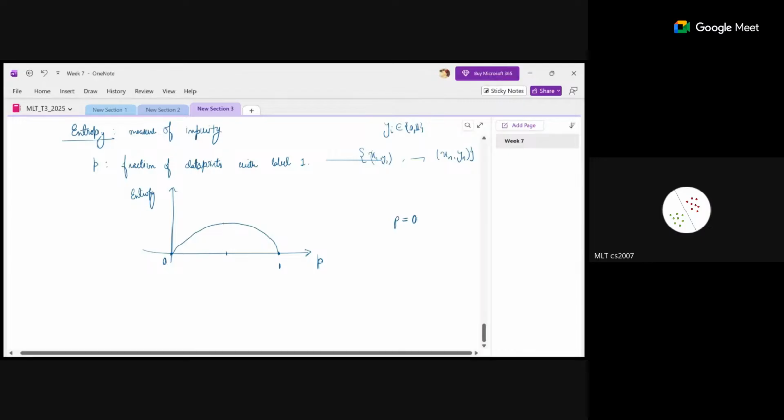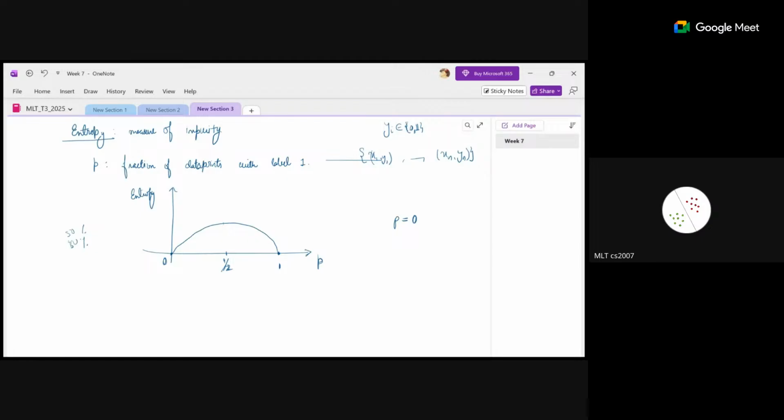Because if 50% of my data set is of one kind and another 50% is of another kind, then the randomness is the highest. So at half, when my data set is equally split into two parts, we want the entropy to be the highest because the randomness is going to be high at that fraction, and at 0 and 1 it is 0.